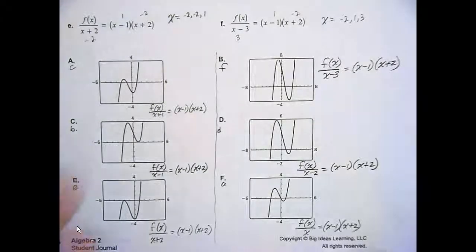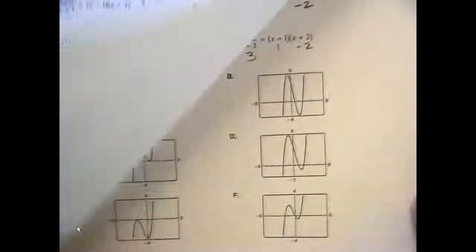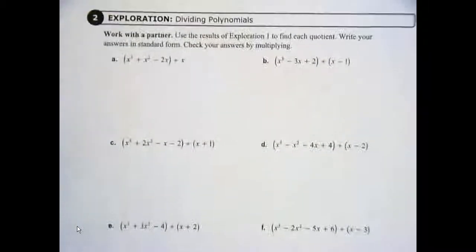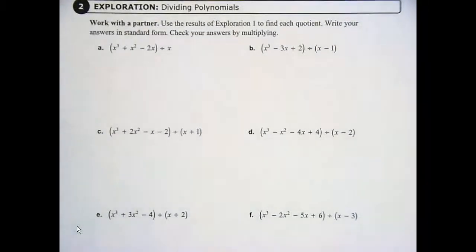Okay, so it's kind of a quick review and application of what we've done in the past. I want you to look at the next page, Exploration 2. Use the results of Exploration 1 to find each quotient.